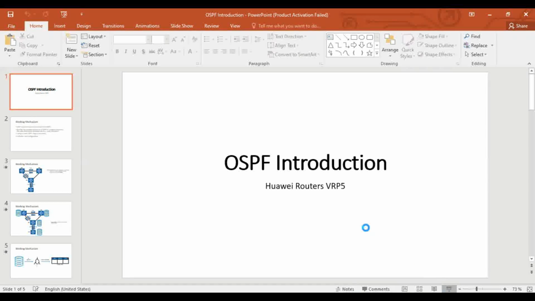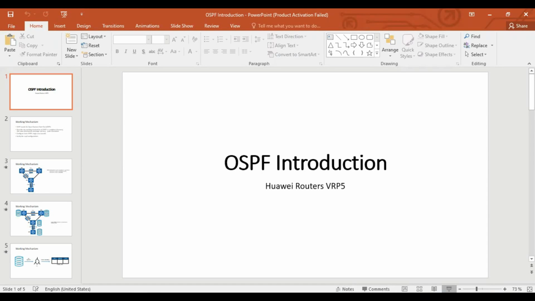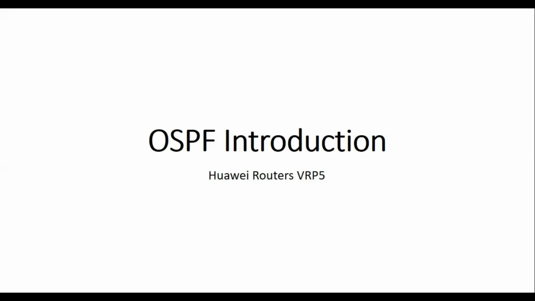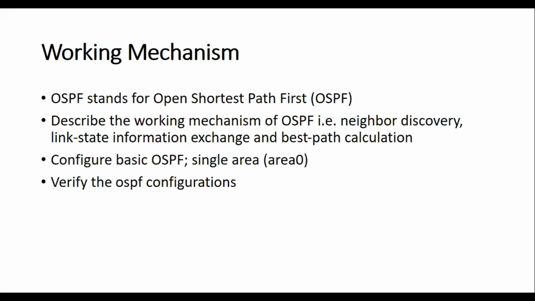Today we're going to look at the basics in Huawei routing. OSPF stands for Open Shortest Path First. Today we are going to describe the working mechanism of OSPF. The working mechanism of OSPF is anchored on 3 steps.